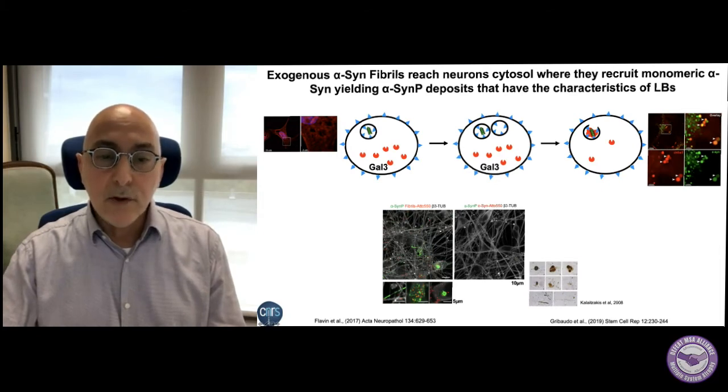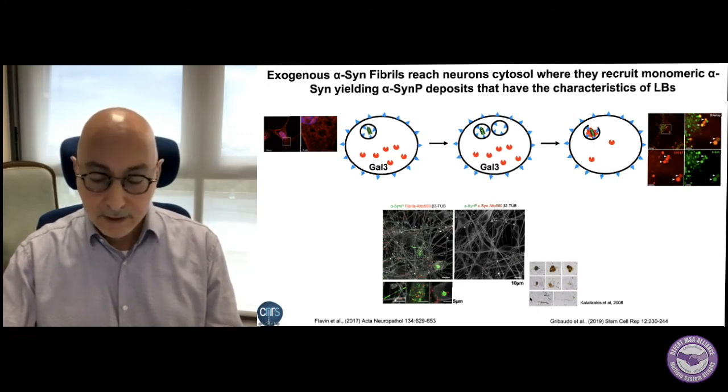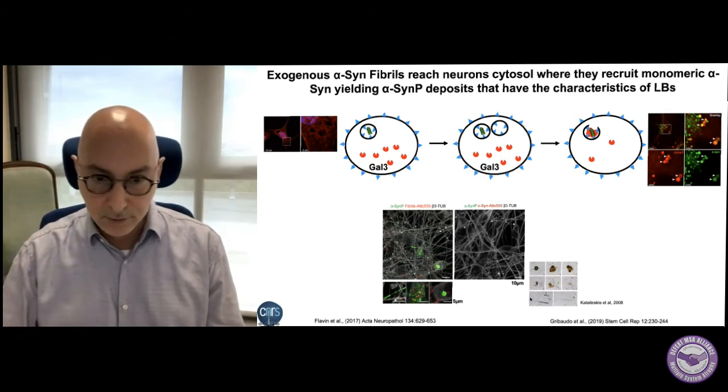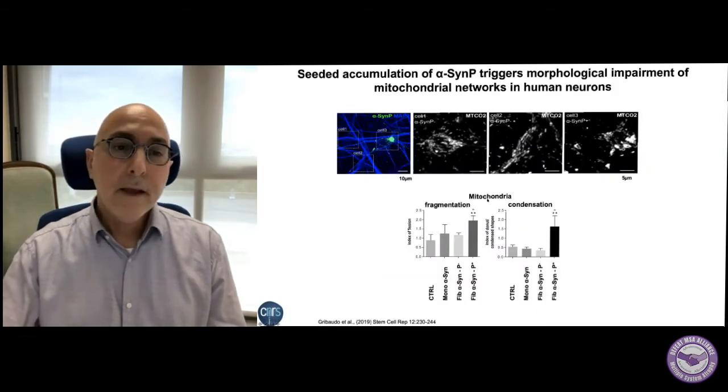this time labeled in green, and you can see the formation of clumps, which are very similar to Lewy bodies, authentic Lewy bodies, and to Lewy neurites, authentic Lewy neurites, that we observe in the brain of patients.